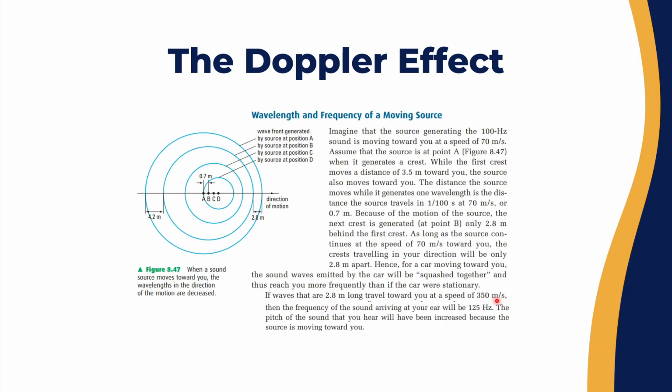Now, things are a little different when you have a moving object or a moving source that is producing a sound. In this case, the way you hear that sound is different. That can be imagined when you are standing beside the highway and a car passes by. You will hear that kind of closing-by effect.